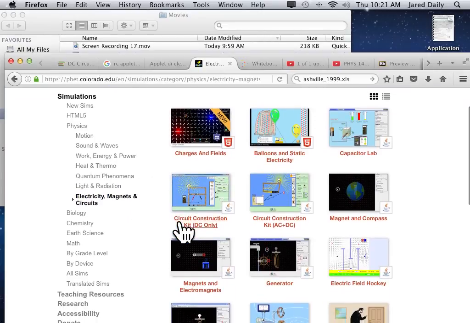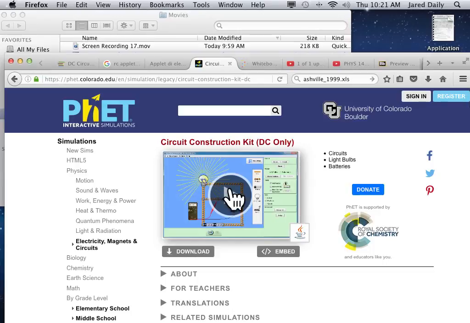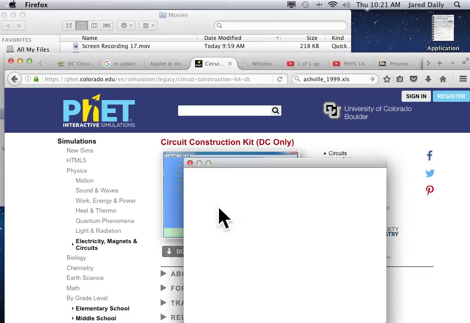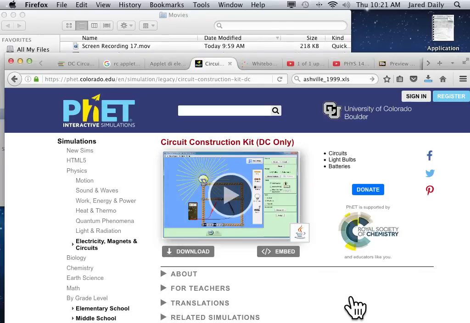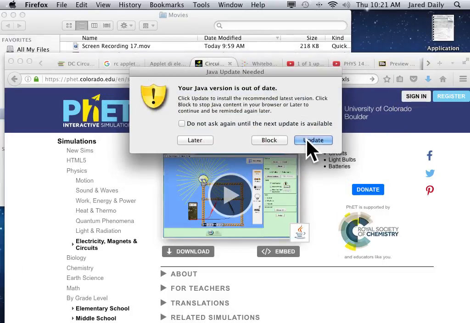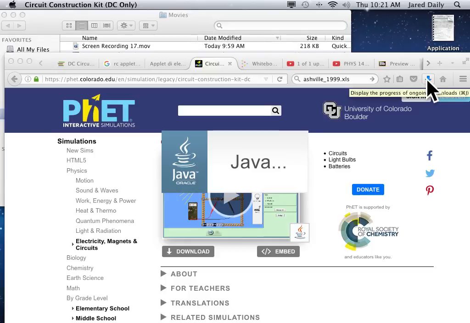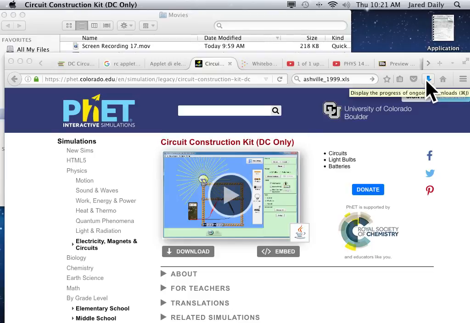Come on now, capacitor. Here it is, circuit construction. There we go. Okay. So let's use this. Should probably just download it. I did download it. Good for me. Okay, come on now.